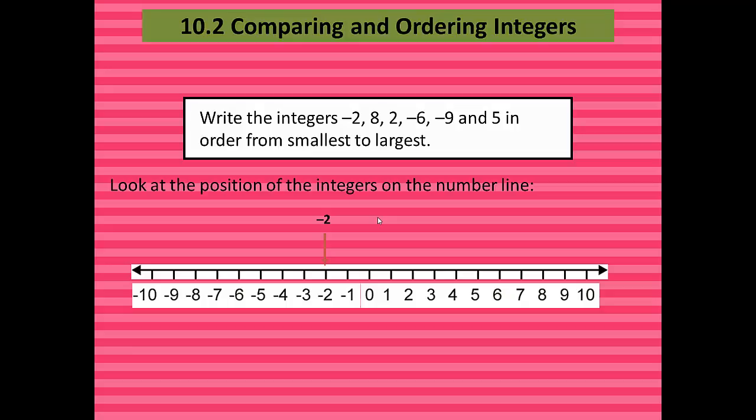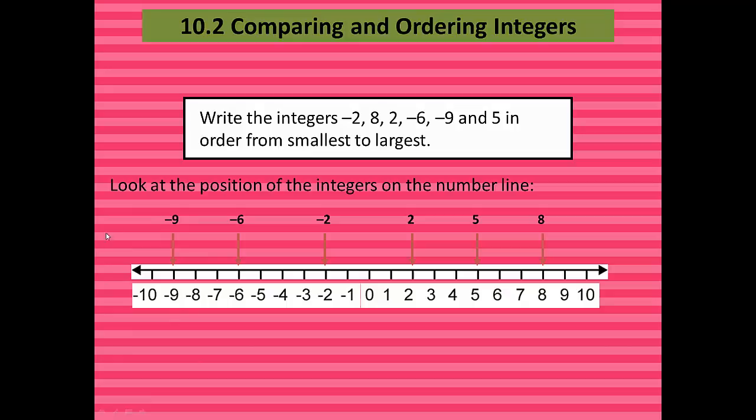So if we start putting the numbers in, -2 would be placed here, 8 would go here, +2 would be here, -6 would be down here, -9, and 5. So to place them in order from the smallest to the largest, we would start on the left-hand side of our number line.